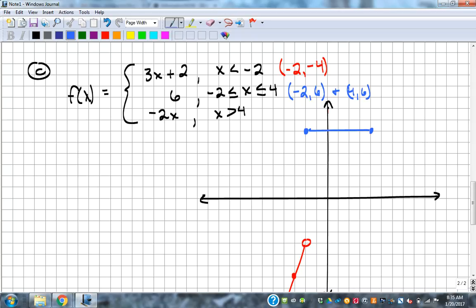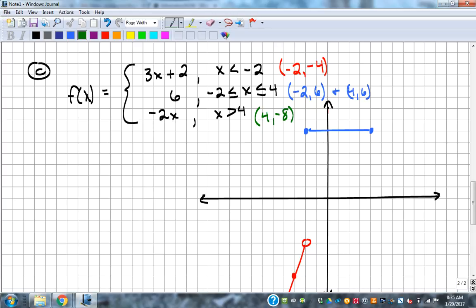Let's look at part C. It happens for x's that are greater than 4. Okay. So where would we find the important point for that? At 4, negative 8. By plugging in 4 to this, negative 2 times 4 is negative 8. Okay.